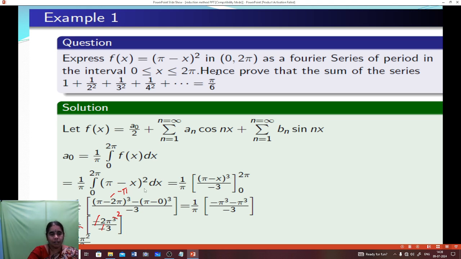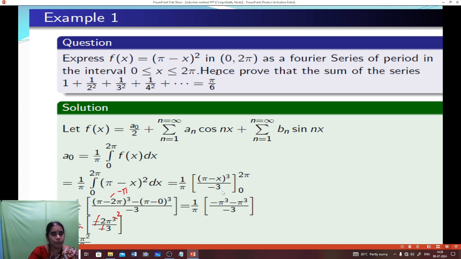Here the power is 2, but in integration the power should be raised by 1, so 2 plus 1 takes the value of 3, that is our n plus 1. Next we have to differentiate the given inner function. So π minus x, differentiating gives 0 and minus 1, since differentiating x we just get an answer of 1. So minus 1. So on integrating (π minus x) the whole squared, we just get (π minus x) the whole power 3 by minus 3.